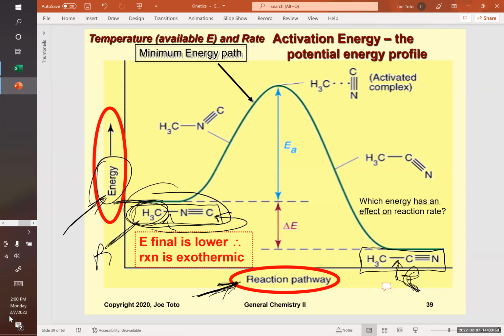And so during that collision, the kinetic energy it was traveling with in that sample is converted to potential energy. So energy gets concentrated in the bonds. And bonds need to be broken, like this one here, and bonds are going to be formed in the product, like that one.